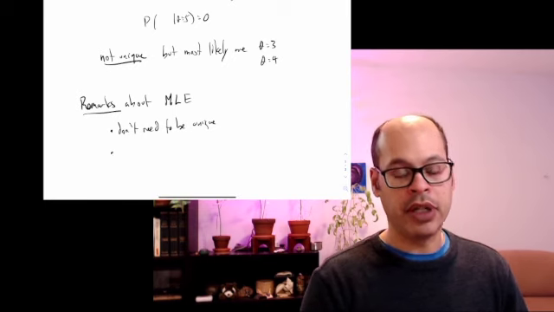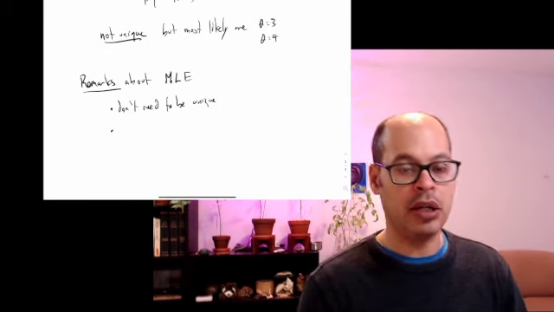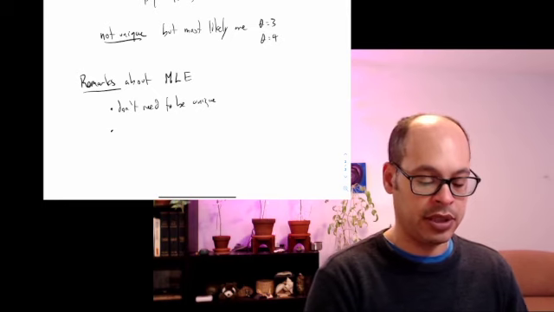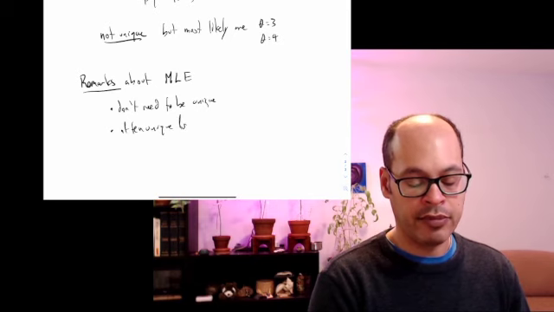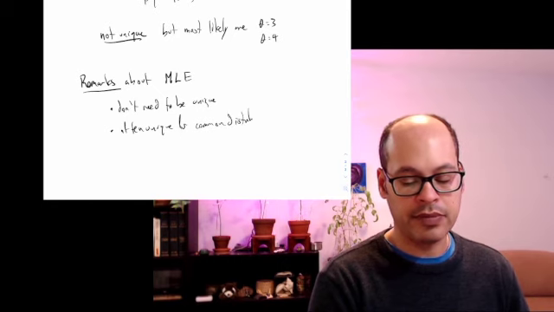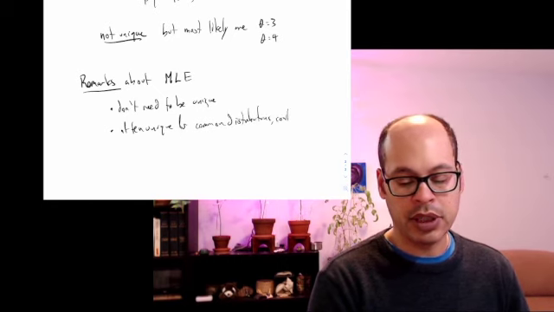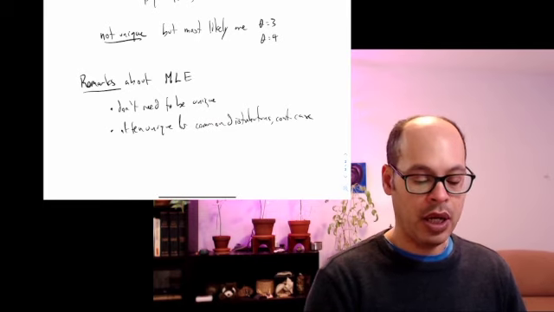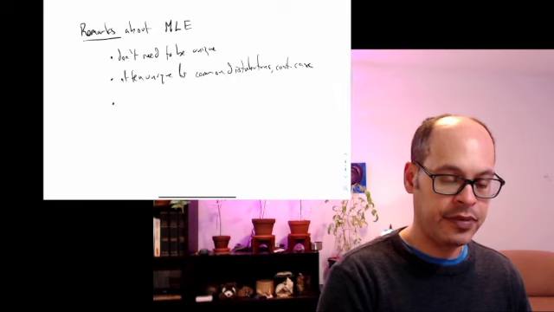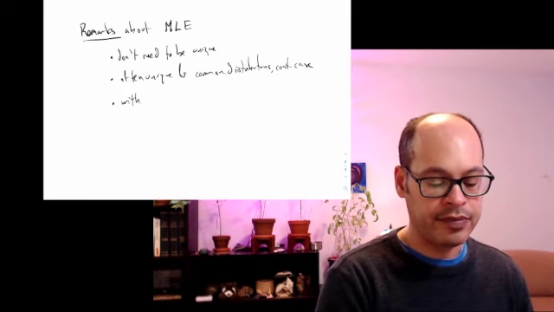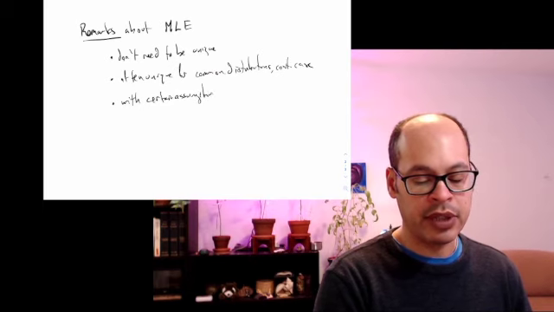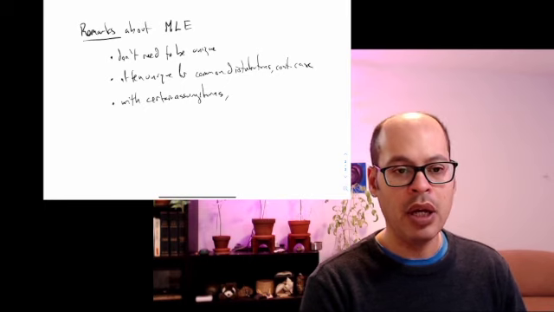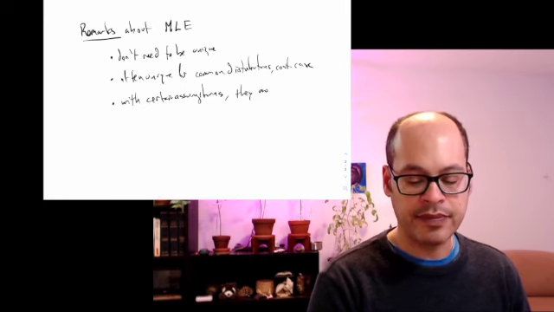But in a lot of natural cases with continuous variables, they often are unique, often unique for common distributions in the continuous case, and with certain assumptions that I'm not sure if I'll really have a chance to cover, they are consistent.